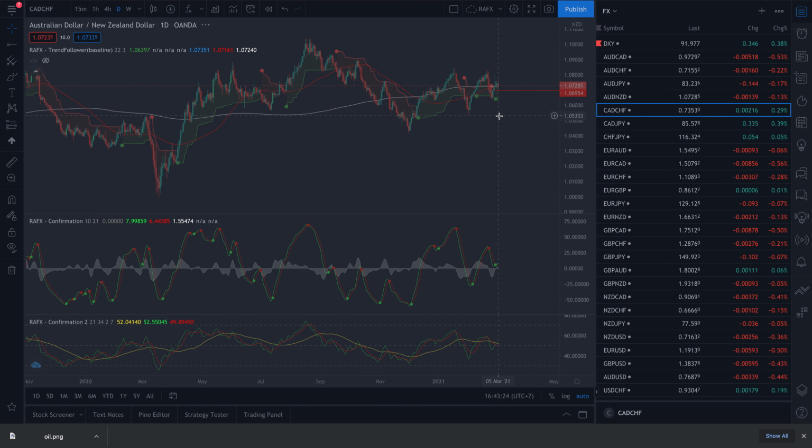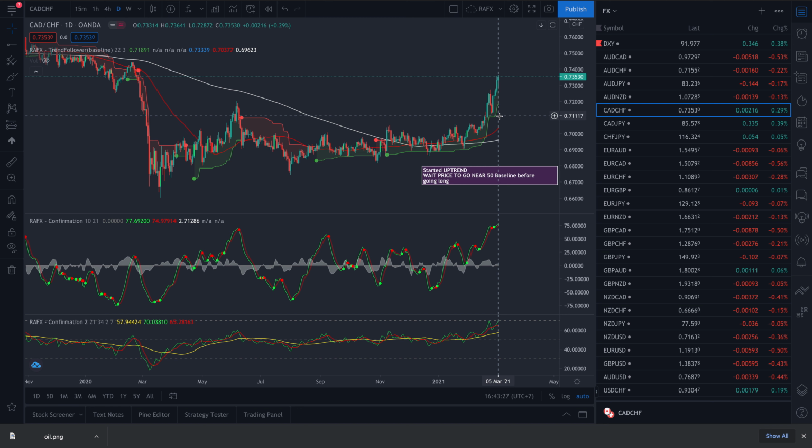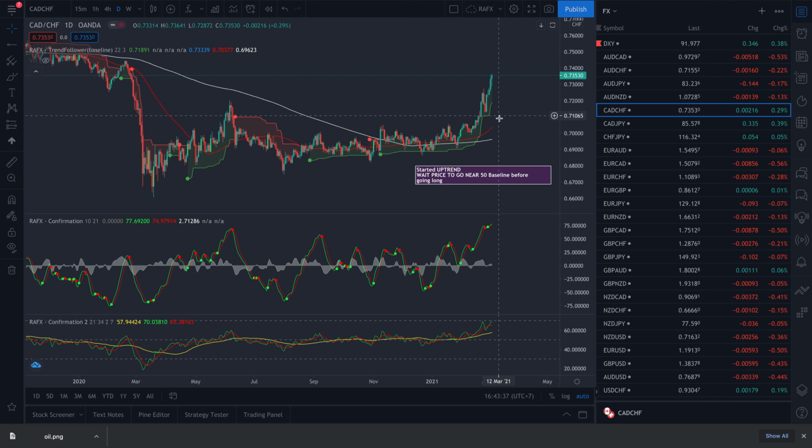So our next pair is CAD CHF. CAD CHF just started the uptrend. Why?